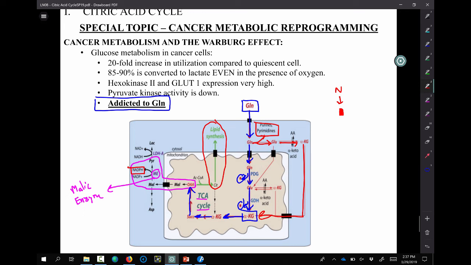And that is just the available resources that are being used up in a more rapid way, okay? One of the things that we'll build a deeper appreciation for when we get to amino acid metabolism is that glutamine is one of the primary ways that the body transports nitrogen to the liver, okay? And it's the way that it gets rid of nitrogen. Nitrogen is a waste product that, if it accumulates, can be very toxic.